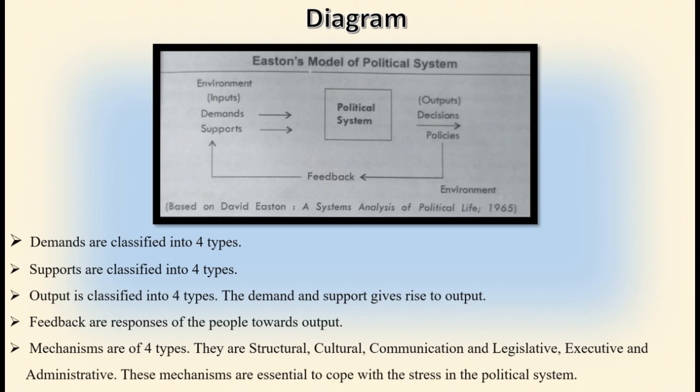For example, the BJP government, through debates and discussions, proved that CAA is essential for persecuted minorities of Pakistan, Bangladesh, and Afghanistan, and therefore the executed law cannot be deleted.